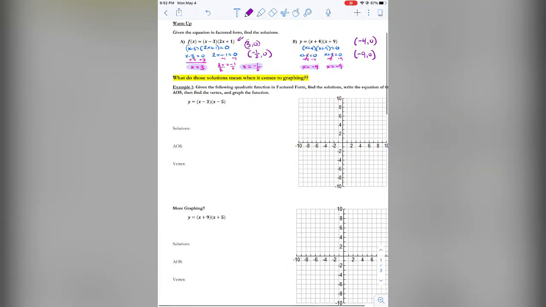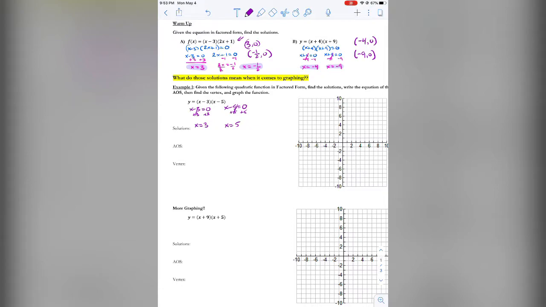So let's take a look at this first one. First of all, let's find the solutions. Many of you guys can look at it and see the solutions. I'm going to do it out just so everybody sees it. For those of you who are still having a little trouble solving, you set both of them equal to 0: x minus 3 equals 0, x minus 5 equals 0. You add 3 to both sides here, so you get your solution x equals 3, and then add 5 to both sides here, so you get another solution, x equals 5.